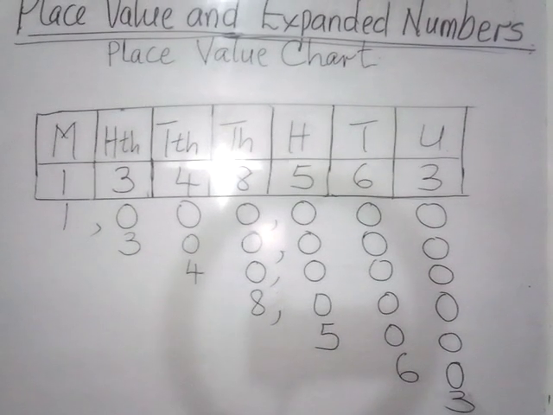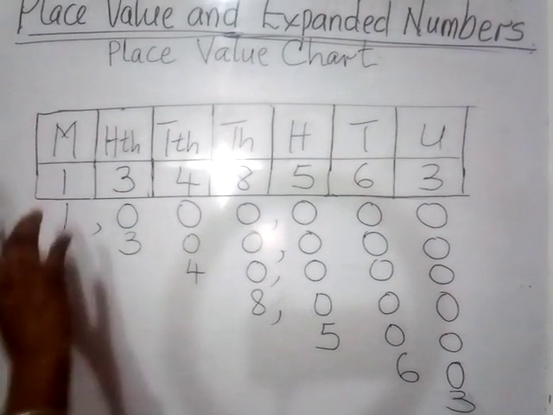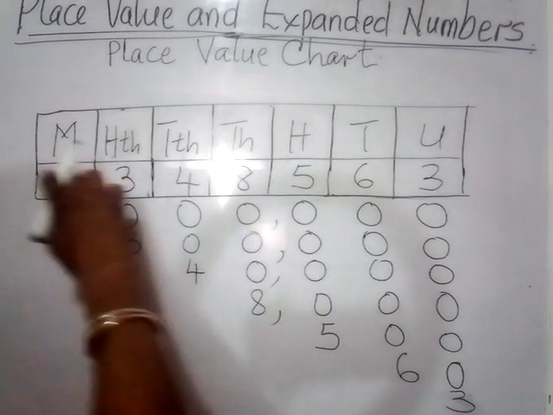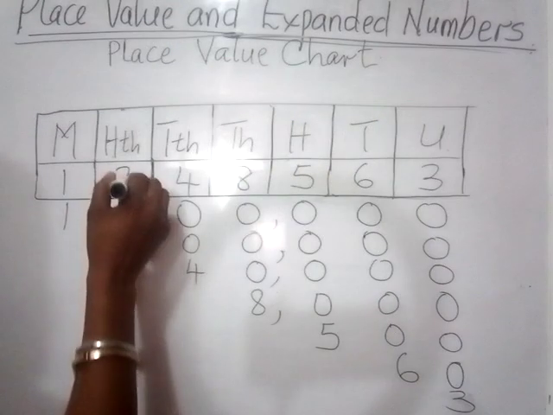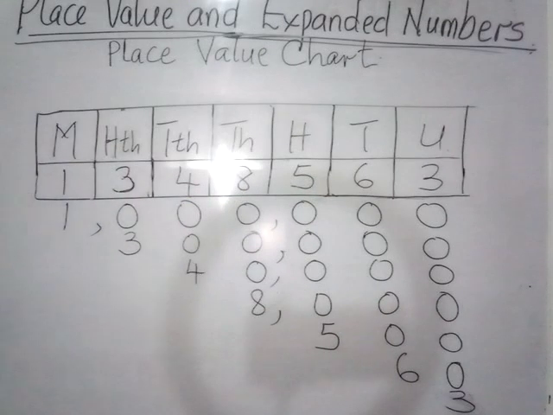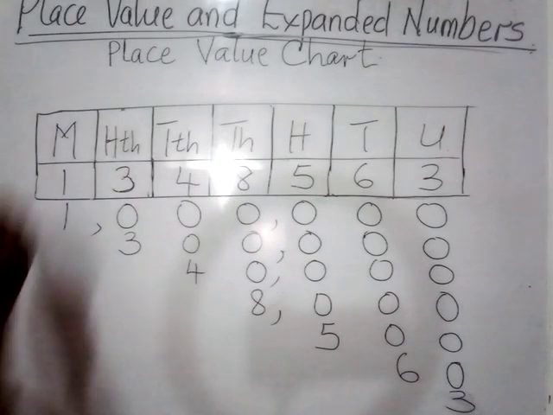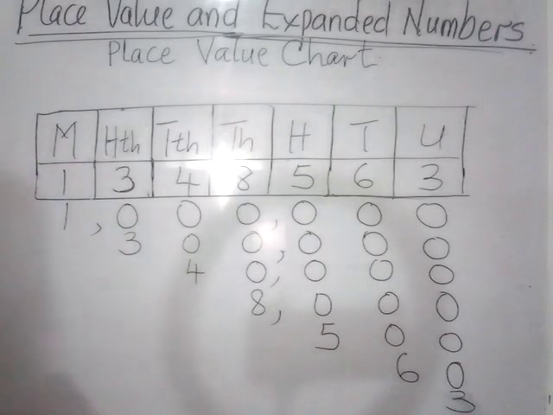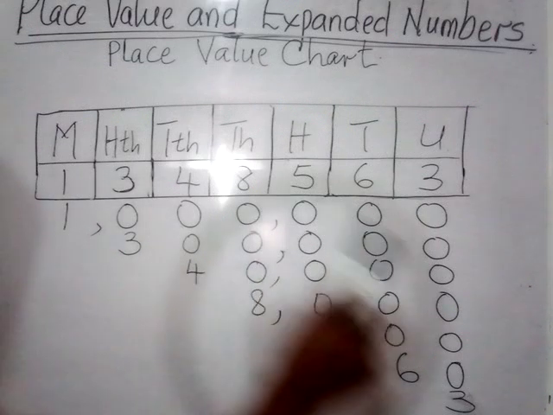I hope it's clear. So this is how you expand this number. If you are asked for the expanded form of this number, that's what you have right there. As you deal with the digits one after the other, you take the first digit, start from there, and every other digit to the right of that digit becomes 0.